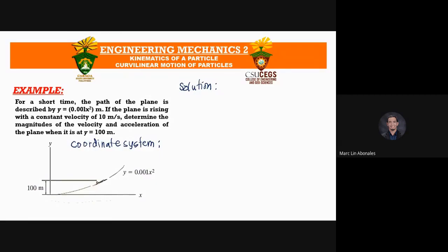Okay, so just a continuation, like what I've said, the figure shown here is considered as the coordinate system of your problem that shows the path of your plane, and also it describes the motion of your plane, which is y is equal to 0.001 x squared.